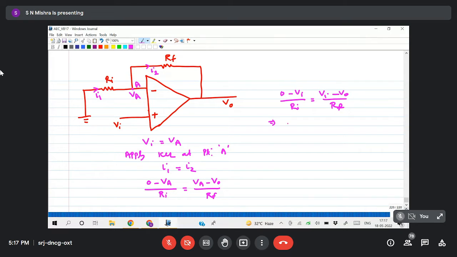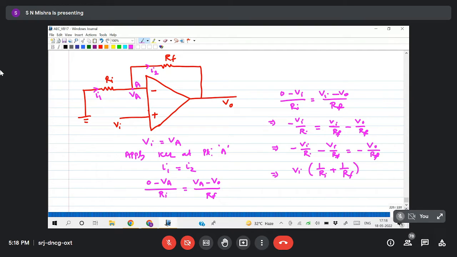It implies minus Vi by Ri equals Vi by Rf minus V0 by Rf. I'll take Vi to one side, so minus Vi by Ri minus Vi by Rf equals minus V0 by Rf. Then take the common minus, which cancels on the left and right side, and taking Vi as common, (1 by Ri plus 1 by Rf) equals V0 by Rf.